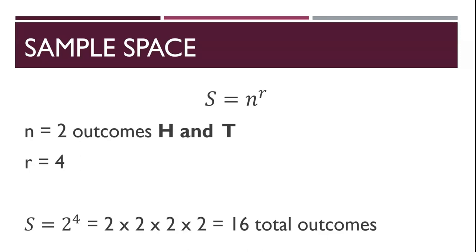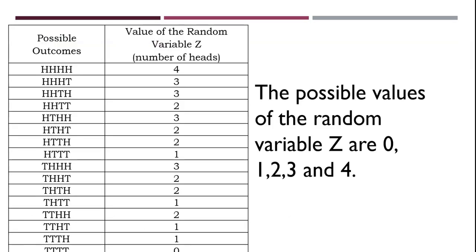So there are 4 coins being tossed. So substitute S is equal to 2 raised to the power of 4. That is 2 times 2 times 2 times 2 is equal to 16 total outcomes. So in the sample space, there will be 16 possible outcomes.